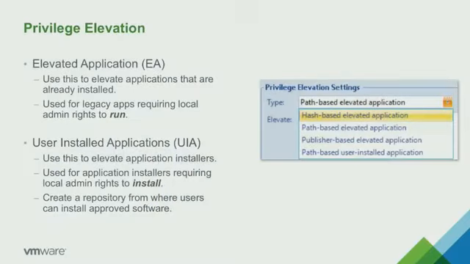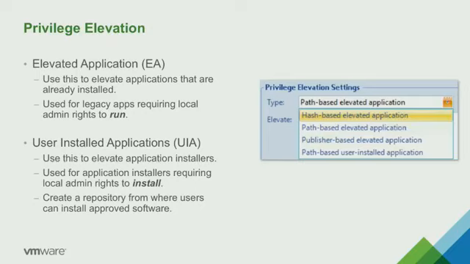I'm trying to not sound like an infomercial, but wait, there's more. Well, another amazing feature, privilege escalation. You can use this to allow the end user to run or install an application that their Windows permissions wouldn't allow them to run or install. And so it gives you the capability, for example, for the running, a lot of legacy-based applications that maybe require higher administrative rights.